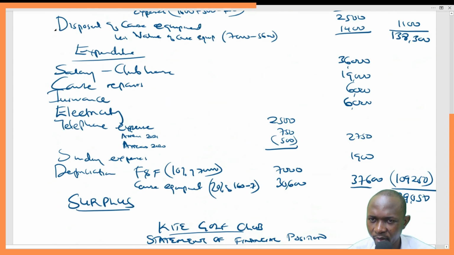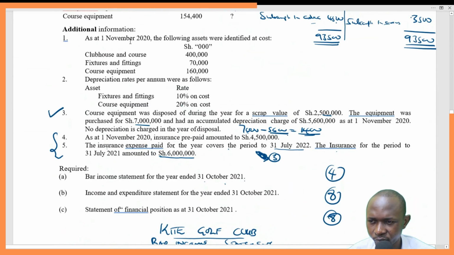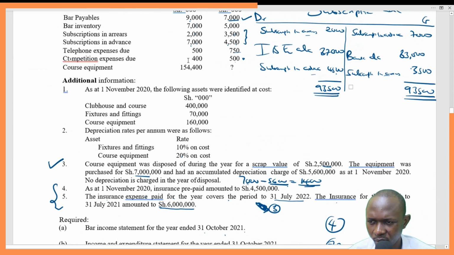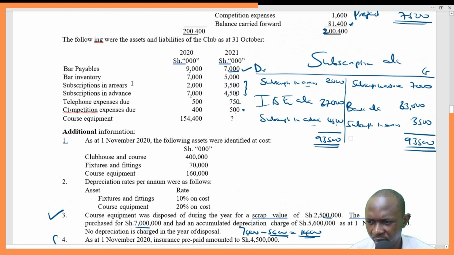Now subscription in arrears and subscription in advance. It is subscription in arrears that becomes our asset. We are supposed to have received this, but we have not yet received it. So it's our asset.